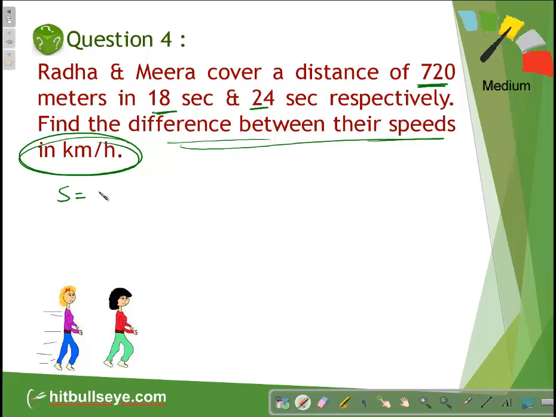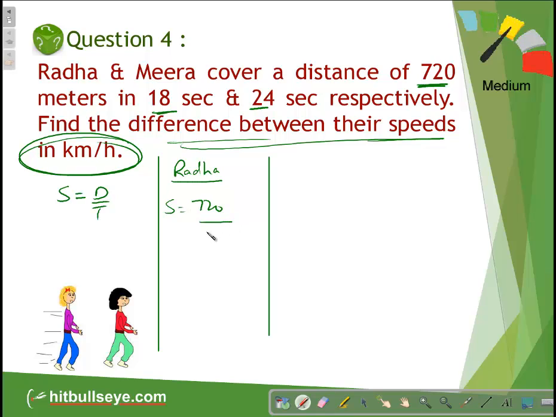Speed is equal to, as we know, distance by time. Now for Radha, speed will be distance 720 and time is 18 seconds.